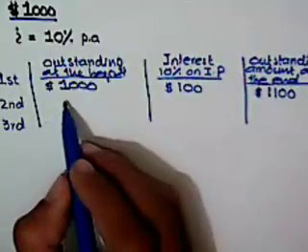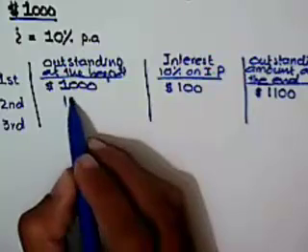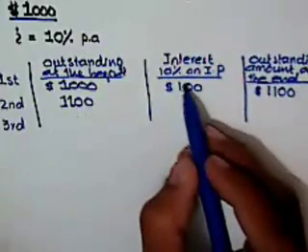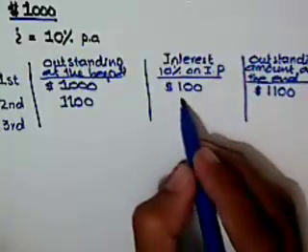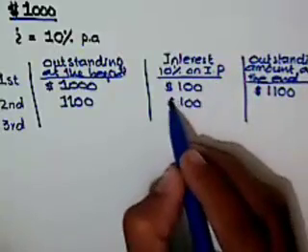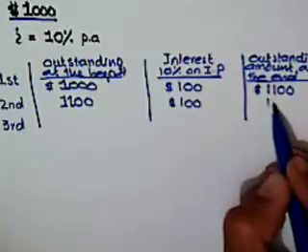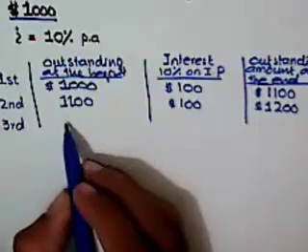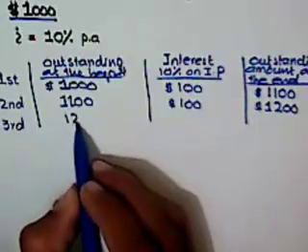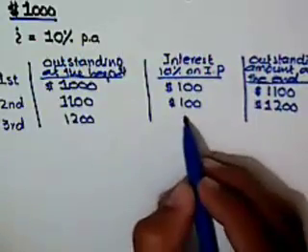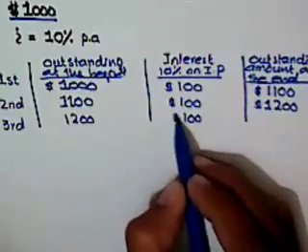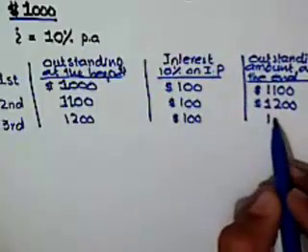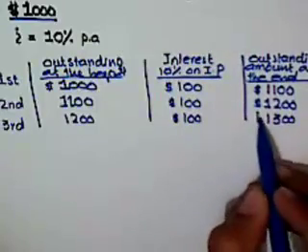So at the beginning of the second year, the outstanding value is $1,100. Now again, 10% on the initial principal is $100, and at the end of second year, the amount would be $1,200. At the beginning of the third year, we have $1,200 outstanding, and 100 is the interest, because every year we'll charge this 10% on the initial principal, so it would become $1,300.